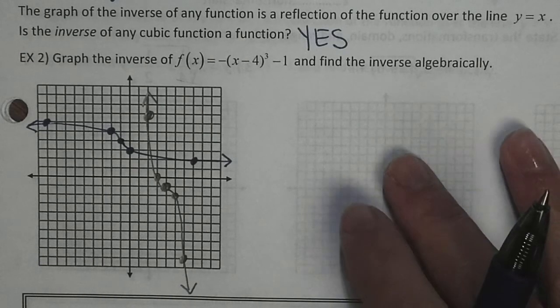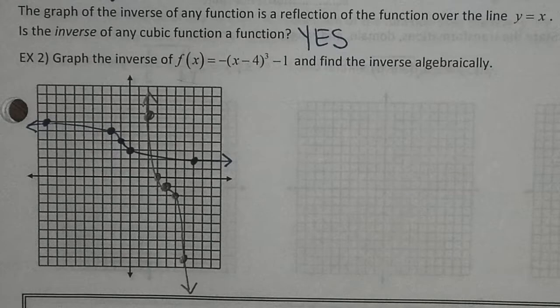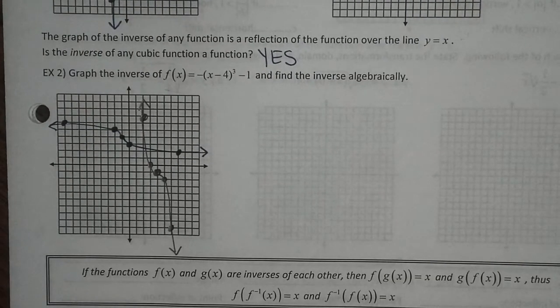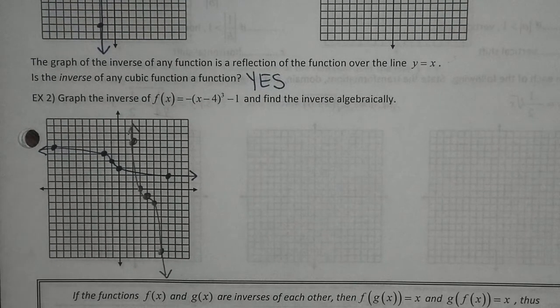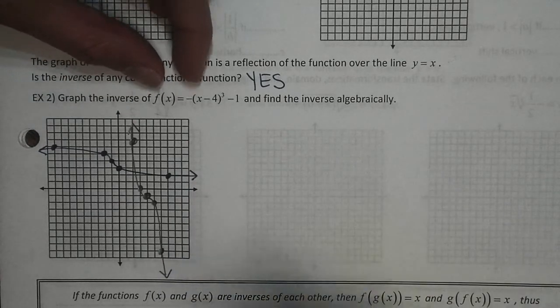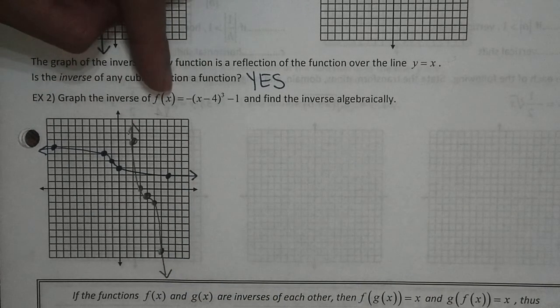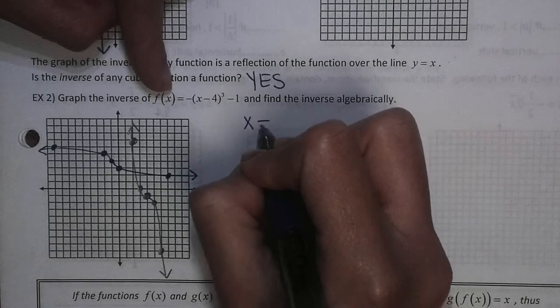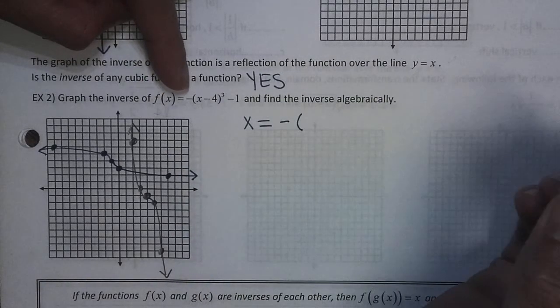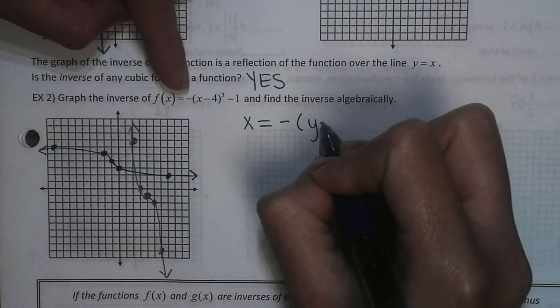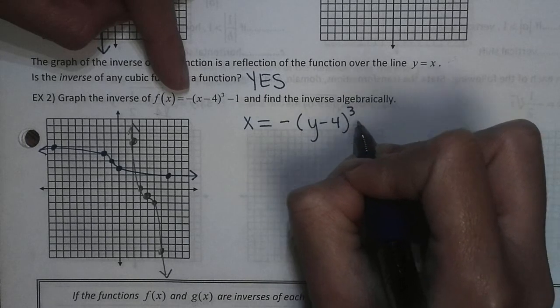Next, let me show you how to do it algebraically, and then I'll pause for questions. Okay. To do it algebraically, we're going to do what we did last semester. We're going to switch the x and the y. So instead of putting y equals, we're going to put x equals negative parentheses y minus 4 cubed minus 1.